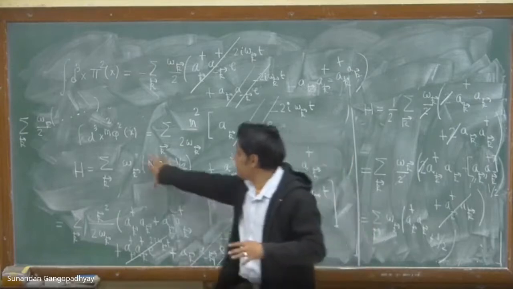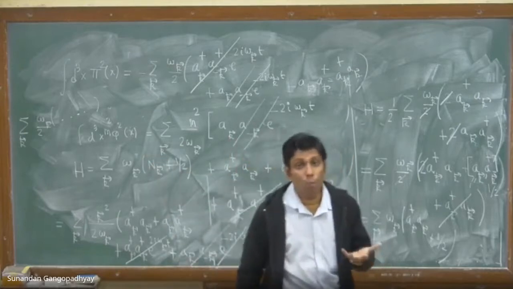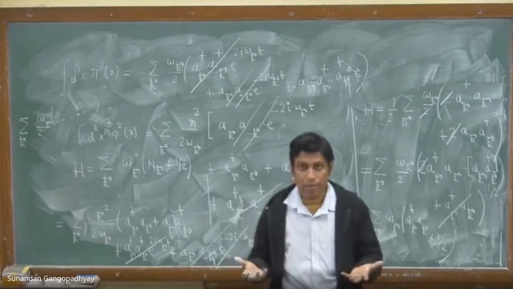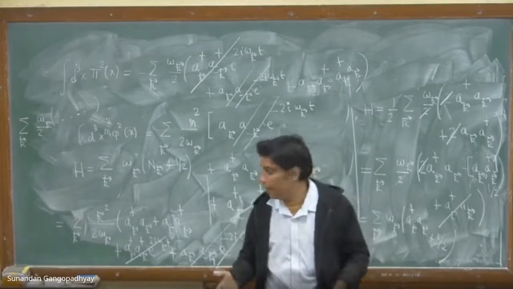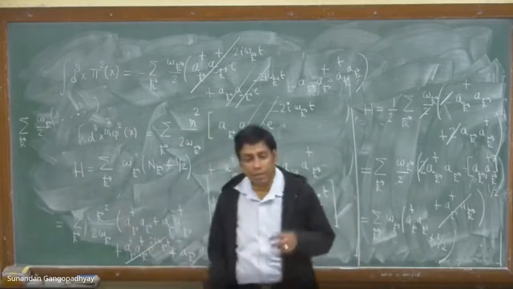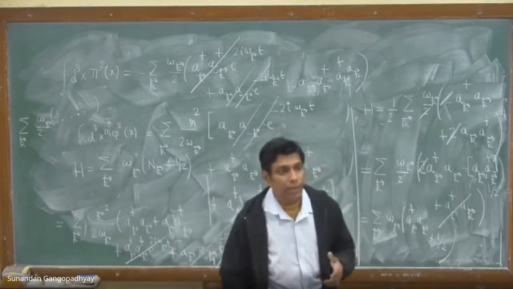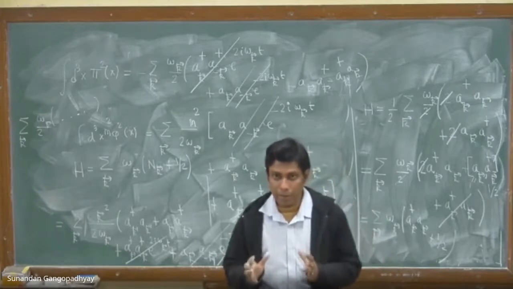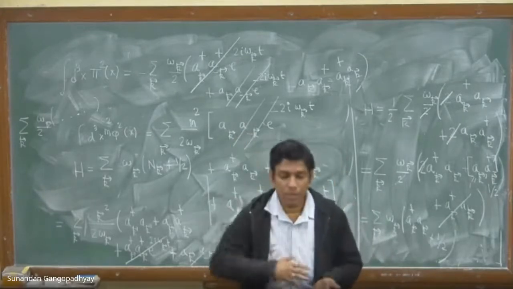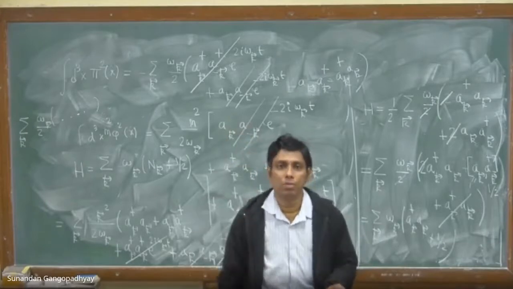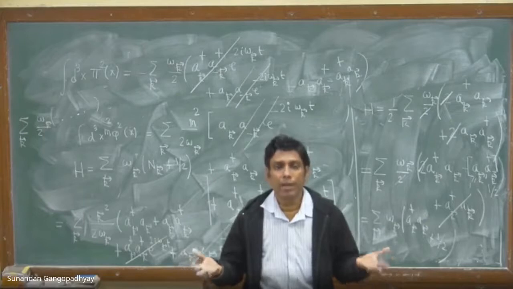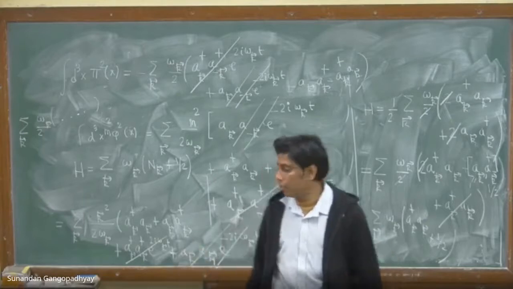We interpret this nk as the number operator. So when it acts on some state, it gives you the number of particles with momentum k, multiplied with the energy of each of the particles, which is omega k. That gives you the total energy of the particles having momentum k, and then you sum it over all possible momentum values, and that will give you the total energy that the field has, and that will be the Hamiltonian of that quantum field theory.